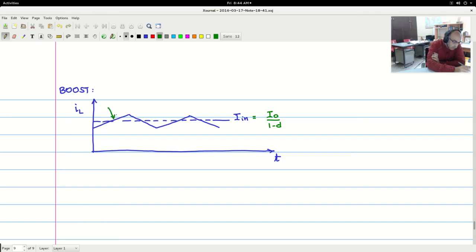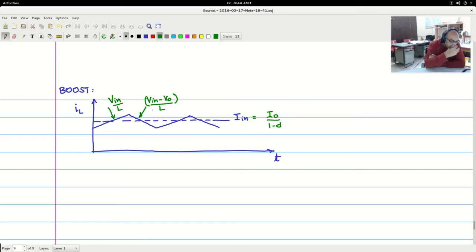For the inductor to charge, the pole voltage is 0 during the time when the switch is on, and therefore this charge up rate is Vin by L. When this goes down, the slope will be Vin minus V naught by L. As V naught is greater than Vin, this will be a negative slope, the falling slope.